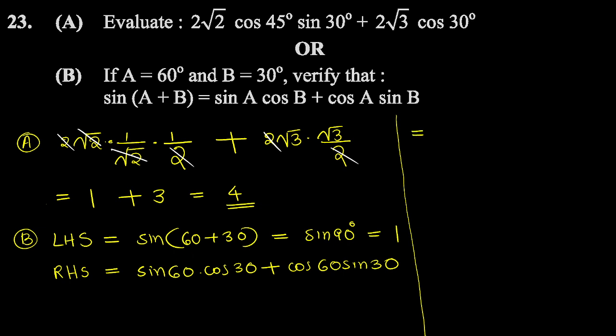Sin 60 is root 3 by 2. And cos 30 also root 3 by 2. Plus cos 60 is there. Cos 60 is 1 by 2. And sin 30 is there, 1 by 2.